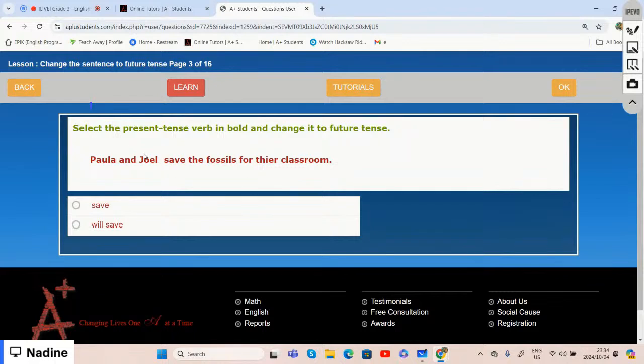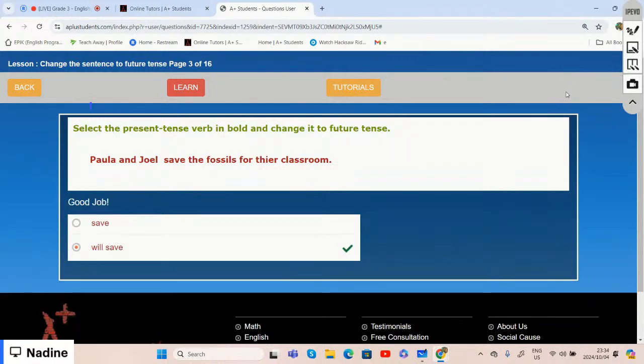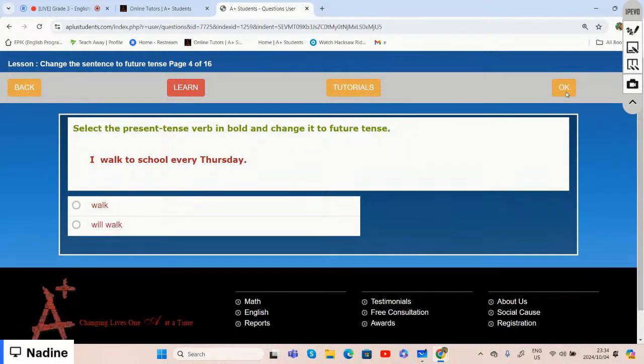All right, and we can say Paula and Joel save the fossils of the classroom. But if we write it in the future tense, we can say Paula and Joel will save the fossils for the classroom. So well done. Will is correct. Yes, option two.